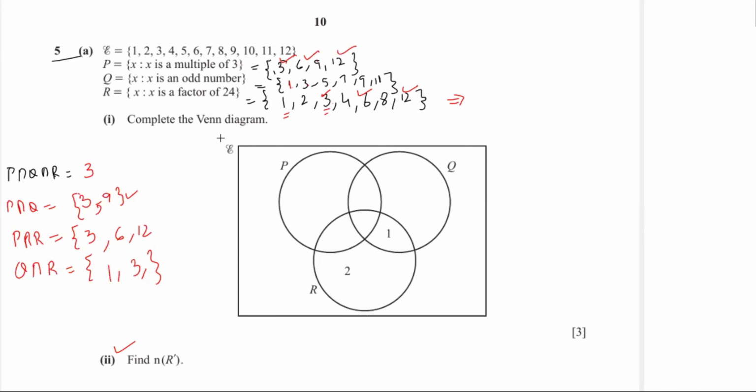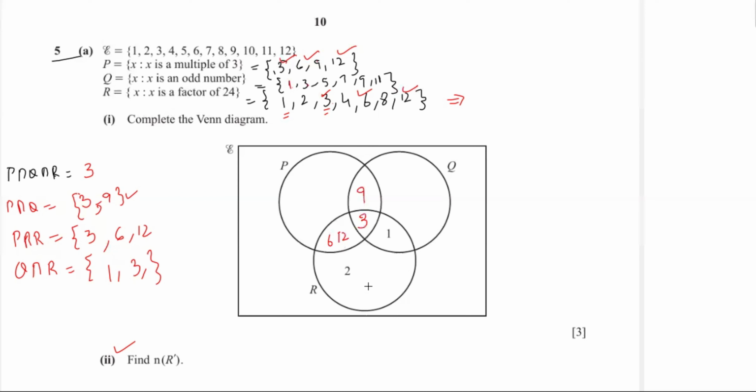Before writing the elements of P, we write P intersection Q intersection R, which is 3. P intersection Q is 3, 9. P intersection R is 3, 6, 12, which we already wrote. Next is Q intersection R, which is 1 and 3. 1 is already mentioned, 3 is also already mentioned.